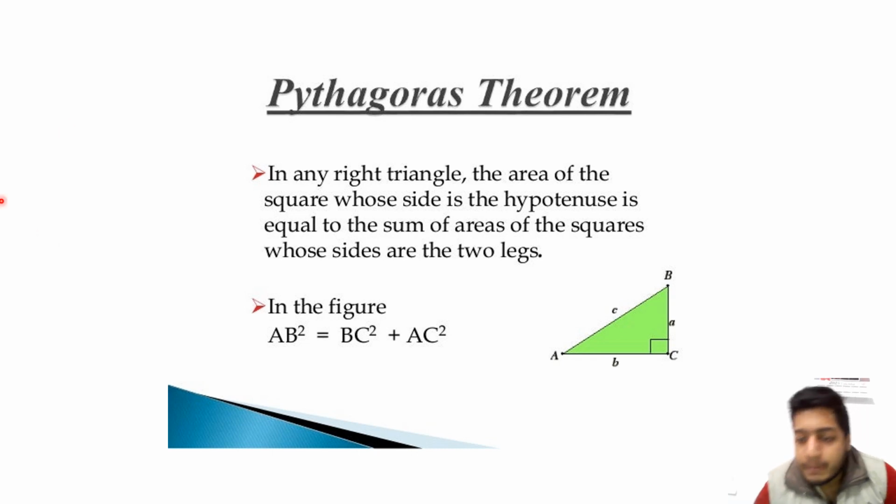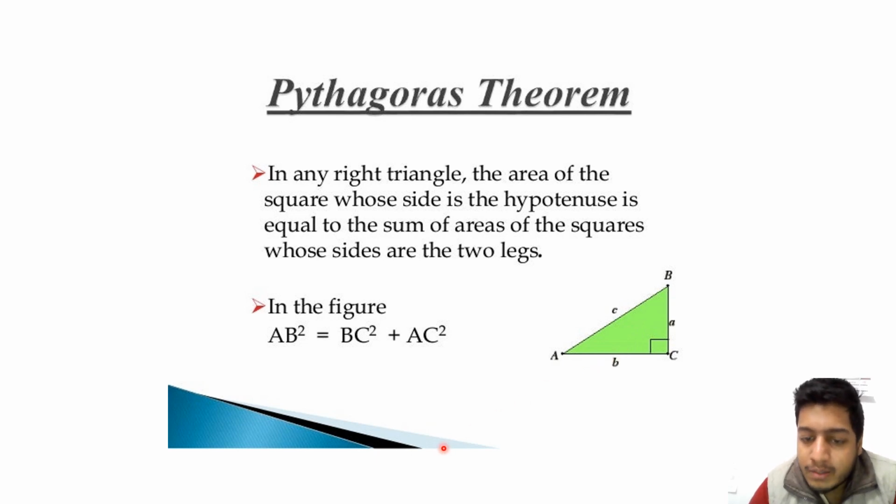Okay, see, this is a right-angled triangle because angle ACB is 90 degrees. Okay, and the sum of all the angles of a triangle is 180 degrees. So according to this Pythagoras theorem, the sum of the squares of the perpendicular and the base is equal to the square of the hypotenuse.